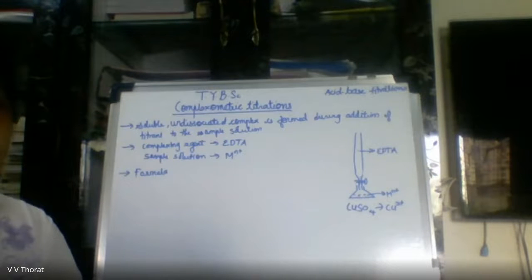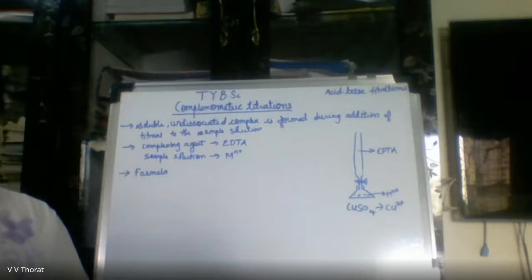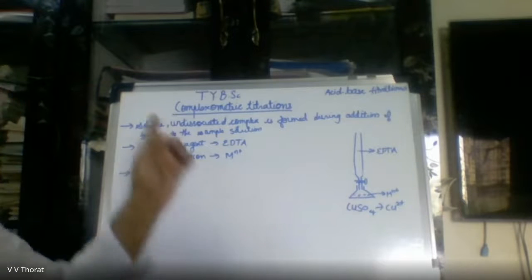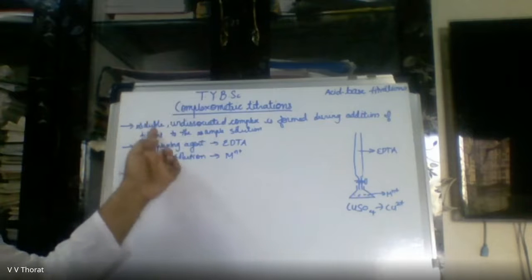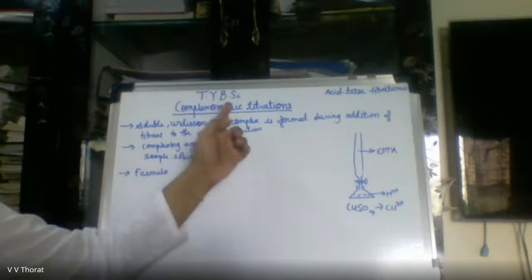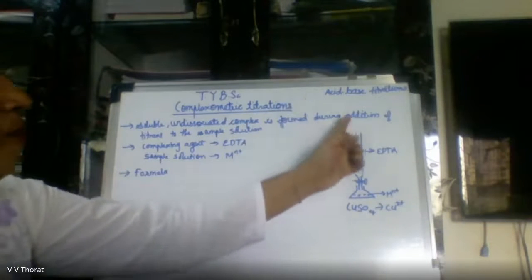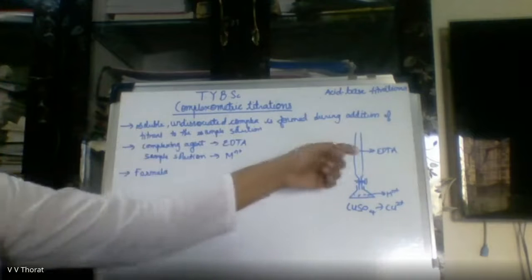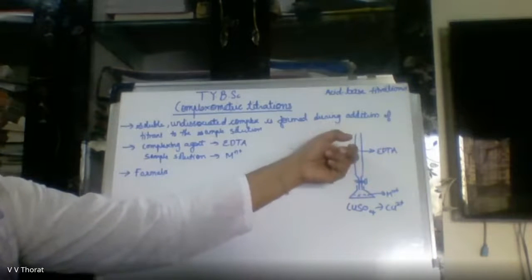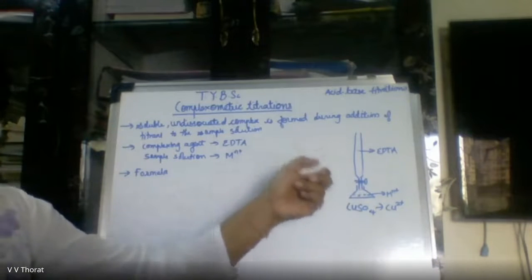When you titrate, it should be soluble and should not dissociate. So the definition goes: complexometric titrations are titrations in which a soluble, undissociated complex is formed during the addition of titrant, the burette solution, to your sample solution.